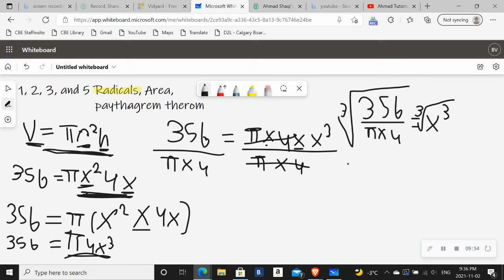And so we are going to have this 356, by the way, it's in the entire fraction, 356 over pi times 4, equals x. Look at that. We now have x by itself.